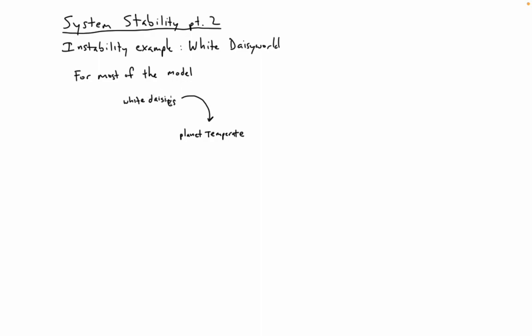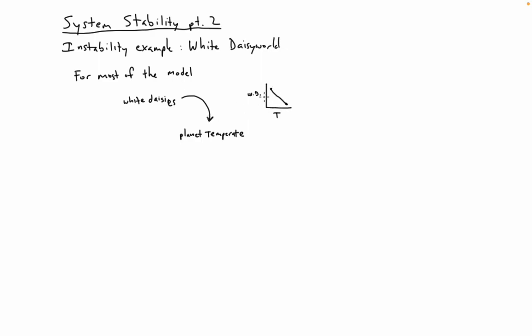So when there's more white daisies, the planet temperature goes down. So as we pointed out in the last lecture, if we were to plot these things, white daisies, temperature of the planet, so white daisies high, temperature low. Few white daisies low, temperature would be high. Okay, so that has a negative slope.